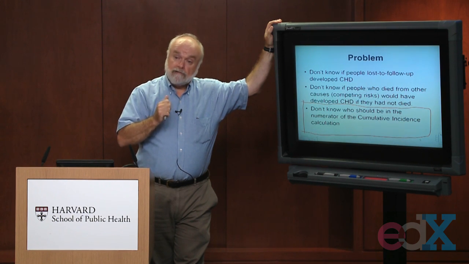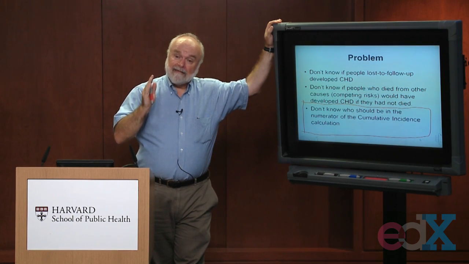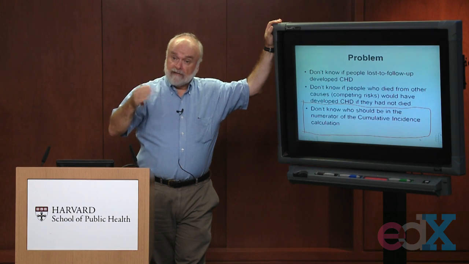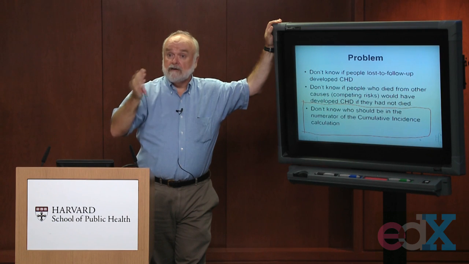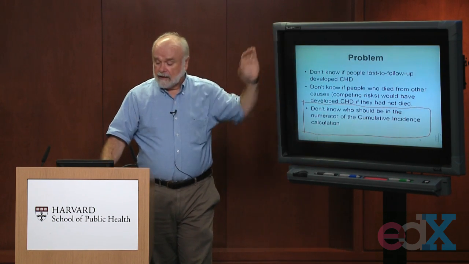Because there are some people you just don't know at the end of the study, 20, 24 years after the start of the study, whether they would or would not, or did not develop heart disease. That's the problem with data like these. And that's a fact of life. So what are the alternatives?